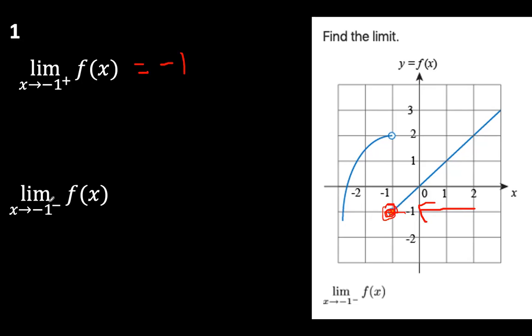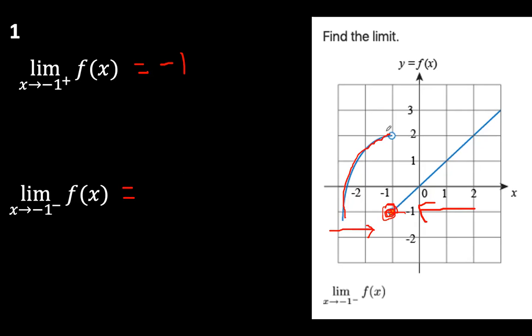And how about this? The limit of f of x as x approaches -1 from the left. We are going to consider this graph, since these are the points we can find considering the values of x from the left of -1. So what is the trend or behavior of the graph?